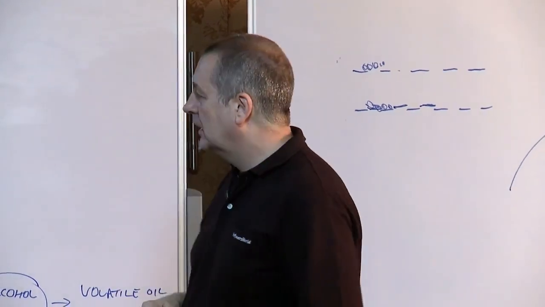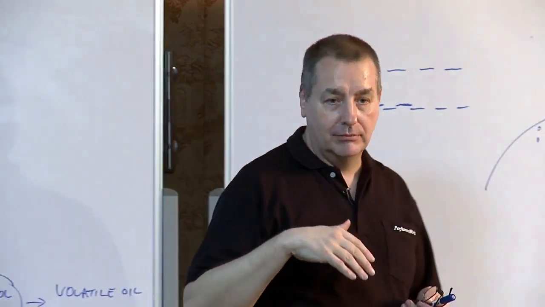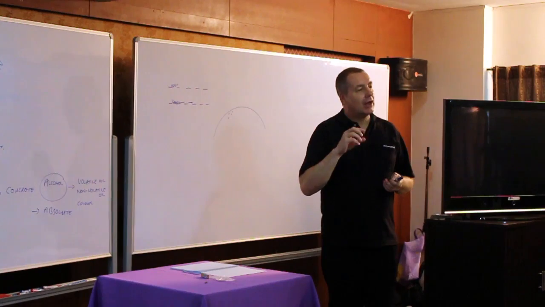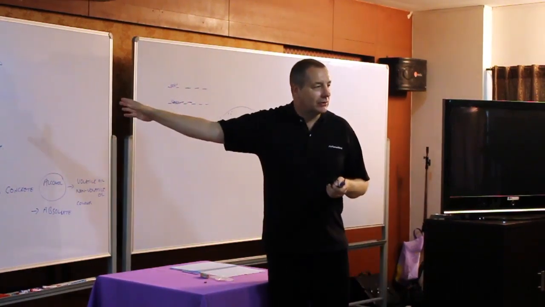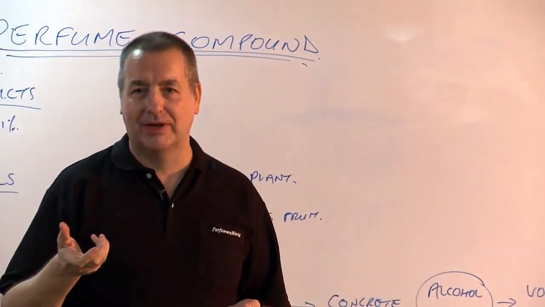Yeah. So if you wanted to make a natural perfume, essential oils and absolutes, fine. If you wanted to make a long-lasting perfume with essential oils, what's the problem? Volatile. The very process of producing the essential oil has only extracted the volatile oils. And that's why I emphasize the non-volatile components of absolutes.